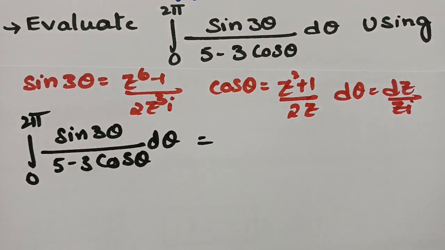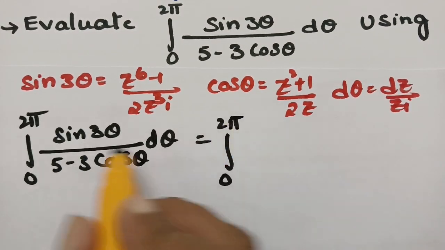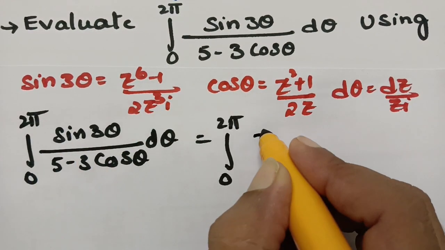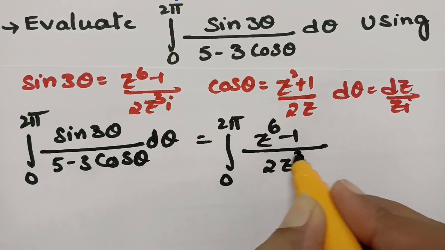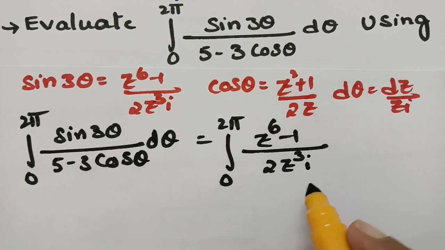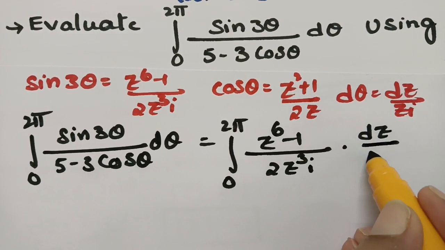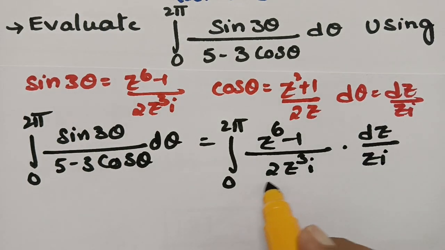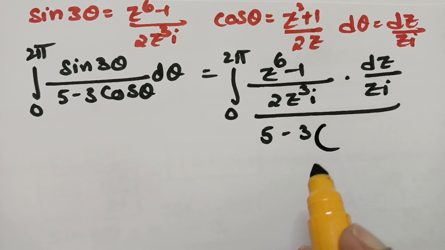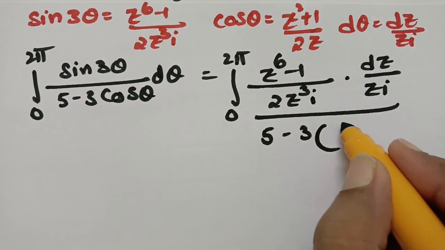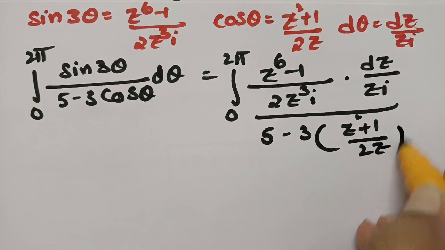If I substitute each and every value here, this will be the integral of sin 3 theta, which is z power 6 minus 1 by 2 z cube i, and d theta, which is dz by zi, divided by 5 minus 3 into cos theta. What is the cos theta value? This value is z square plus 1 by 2z.